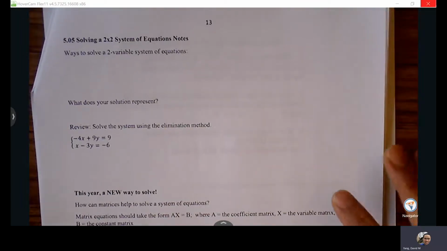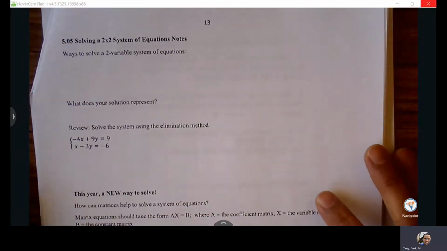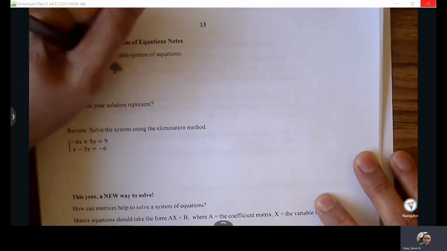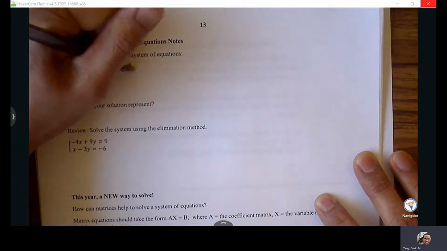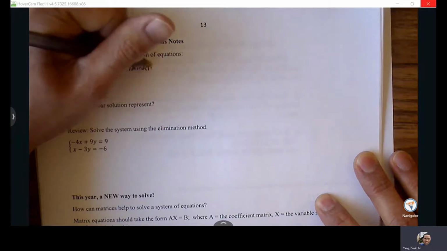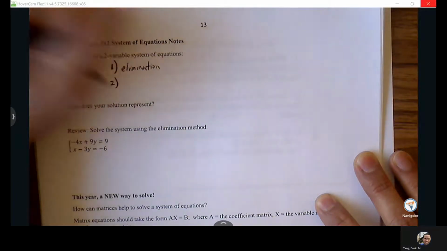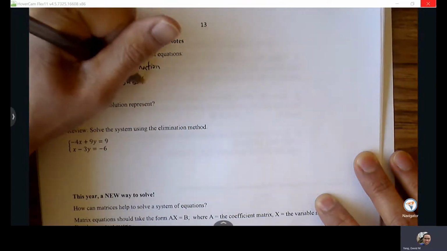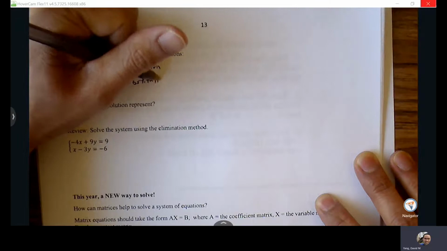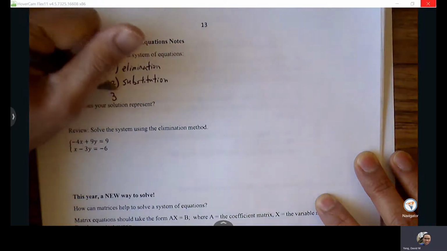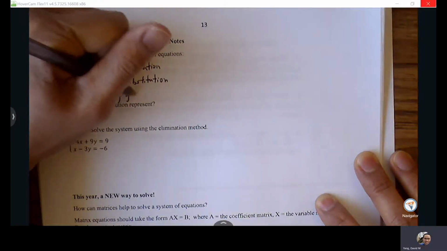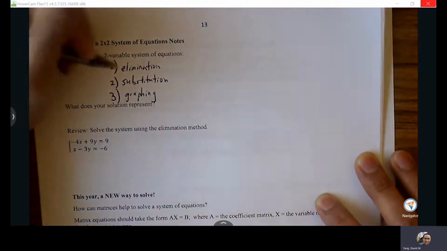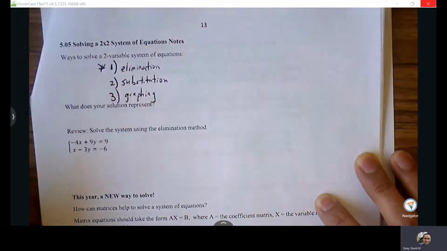Here are the algebraic ways of solving systems of equations. One is the elimination method. Second is the substitution method. And third is the graphing method. We're really just going to be working with, or reviewing, the elimination method.